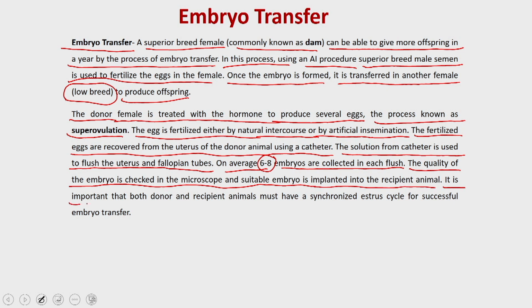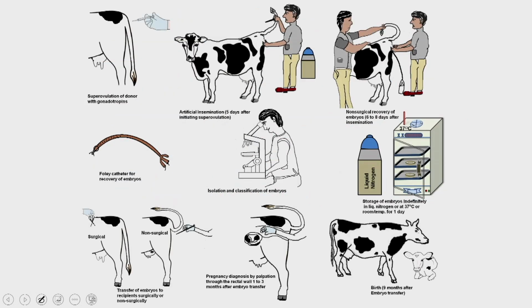It is important that both the donor and the recipient animal have a synchronized estrous cycle for successful embryo transfer. So, if you see, the procedure is very simple. First of all, you take the hybrid female and inject some gonadotropin hormones.